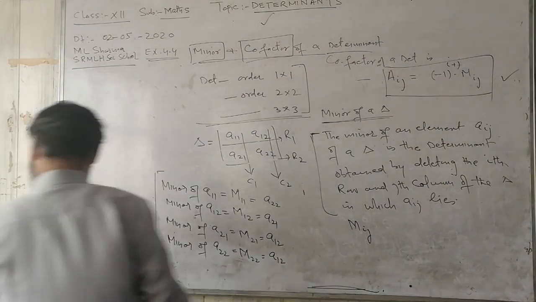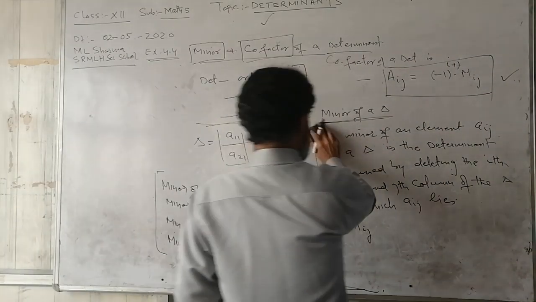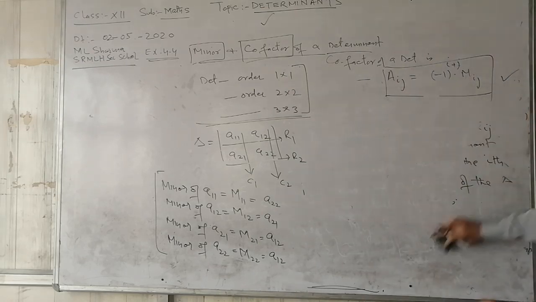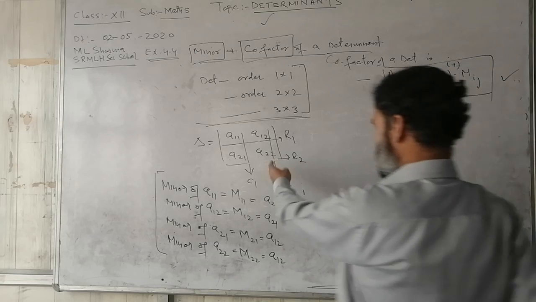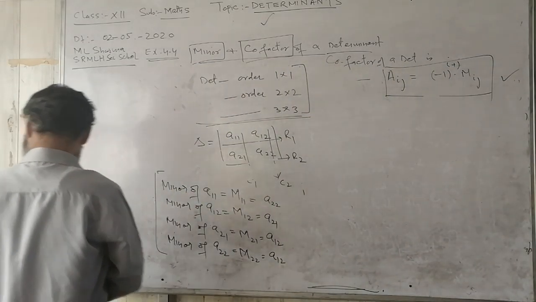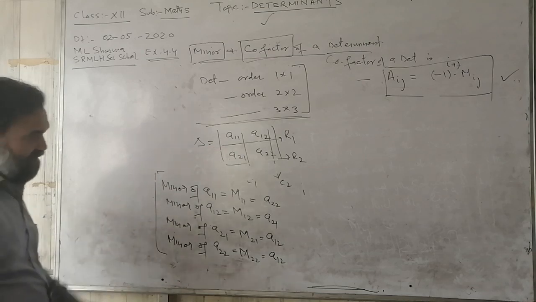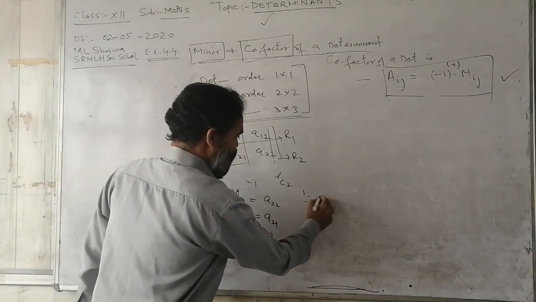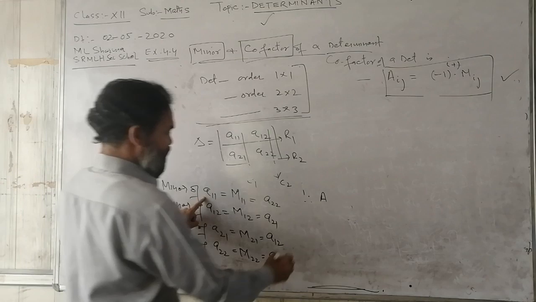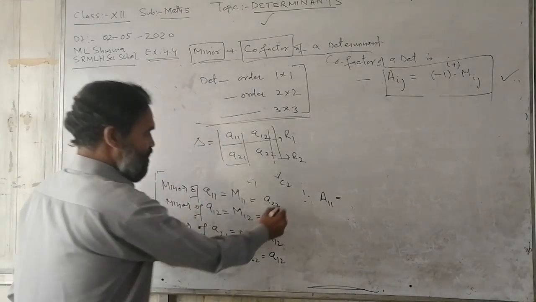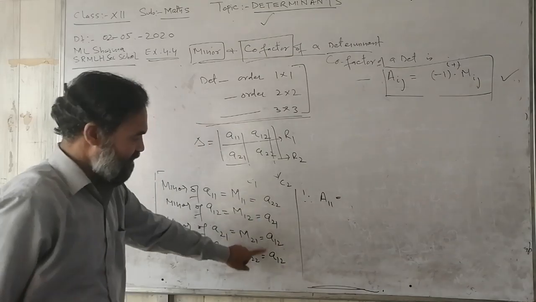So in this case, if we are asked to find the cofactor in case of this determinant, 4 elements are there, and 4 minors are there. If I have to find the cofactor of this element, that is A11, these 4 are minors.